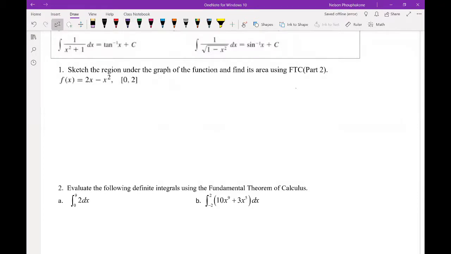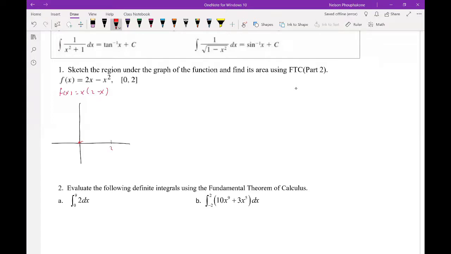Okay, let's see how we actually work on this problem. For the first problem, I would like to sketch the region under the graph of the function and find its area using the fundamental theorem, part 2. I have f(x) equals x(2 minus x). The x-intercepts are 0 and 2.